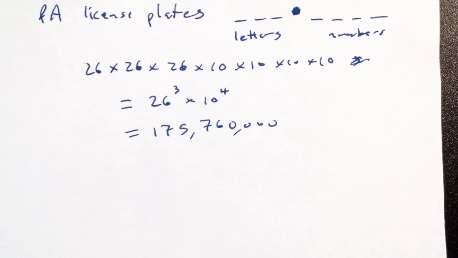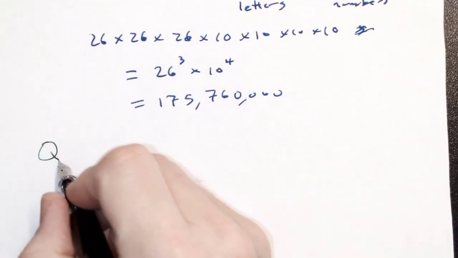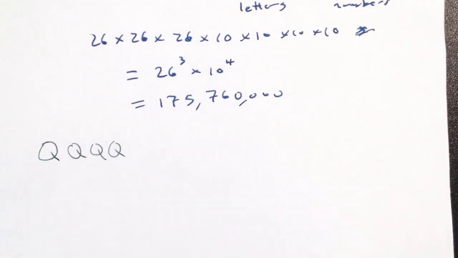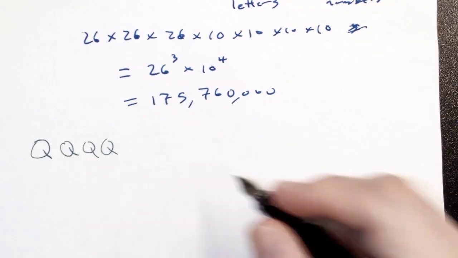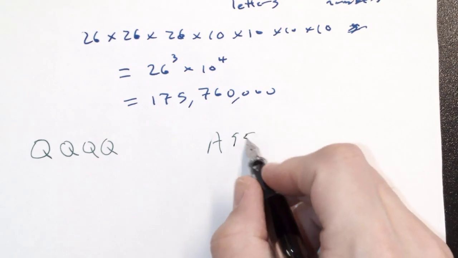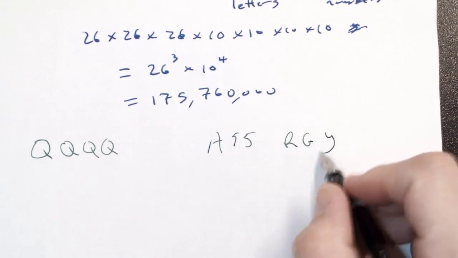I found it very amusing that this license plate made it through the state of Florida. 4Q. Didn't last very long once they realized what it said. The other one that made it through that really bothered me was A55RGY.